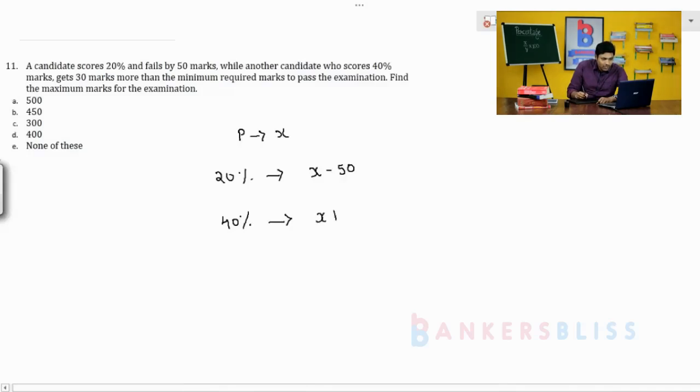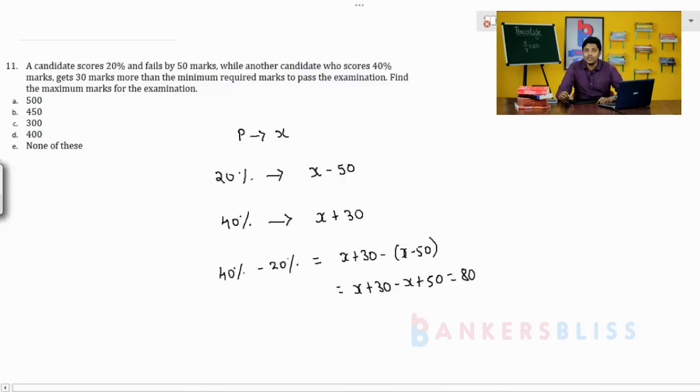Minimum is X and you are getting extra 30. So what is the difference between these two? So 40% minus 20% is equal to X plus 30 minus (X minus 50), which is equal to X plus 30 minus X plus 50, which is equal to 80.